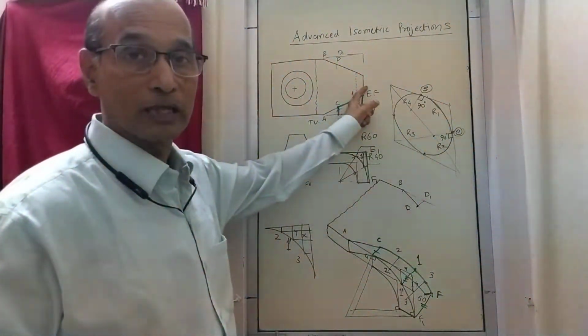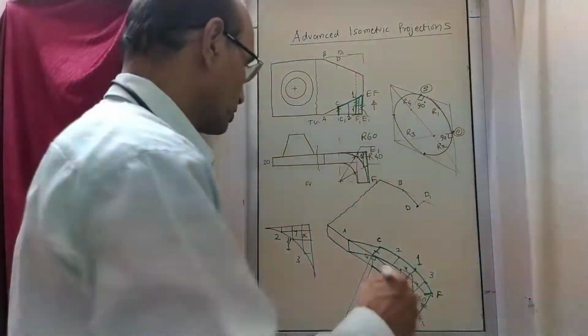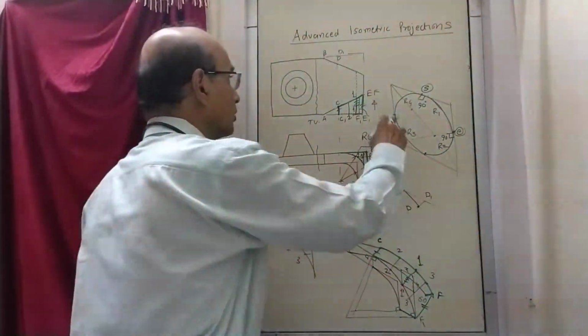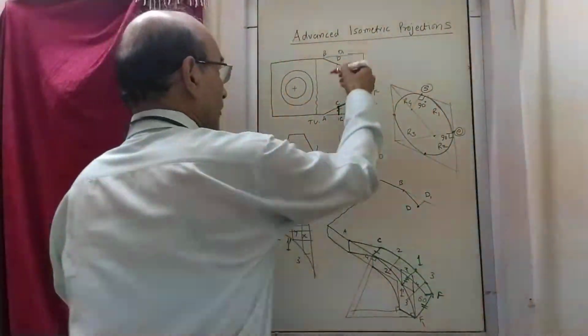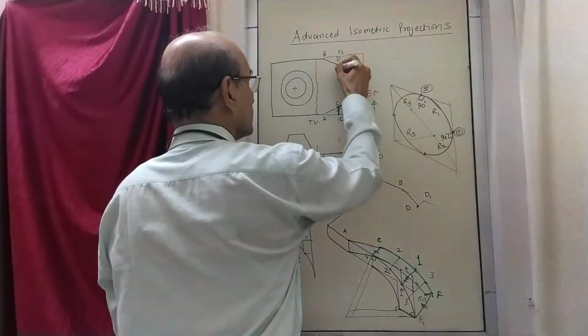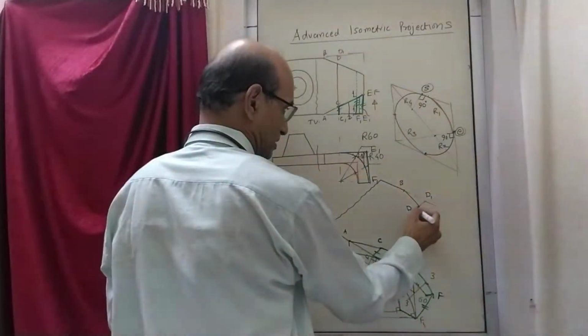Now the same thing you have to do on the other side. Here, instead of following all the procedure, what you can do is just go on measuring the distances which are available here, because you know C and D, this is the distance which is same as this distance.